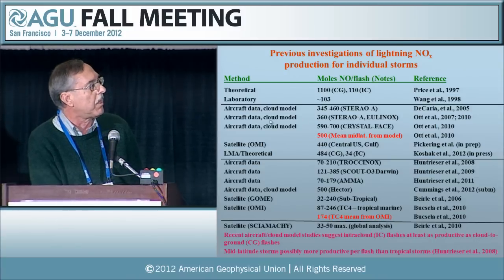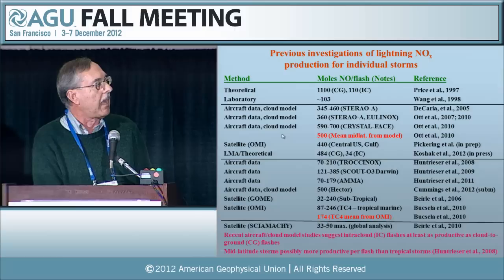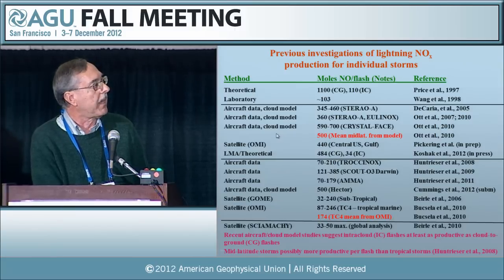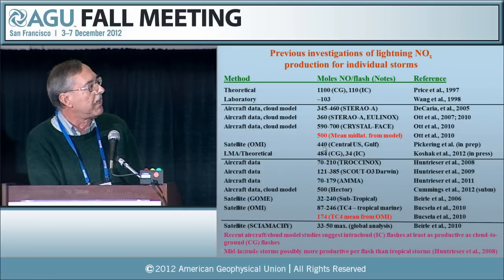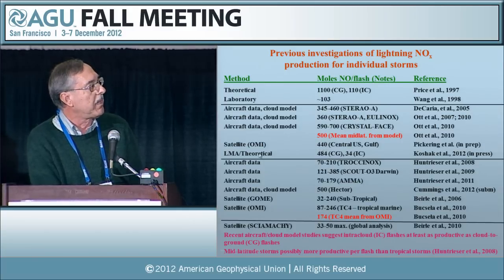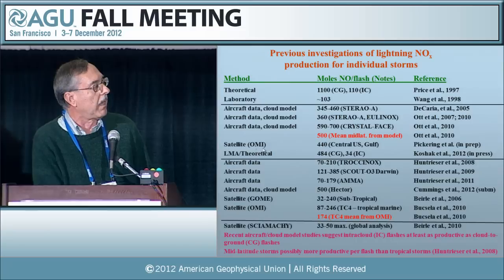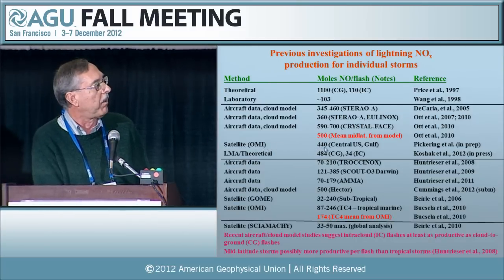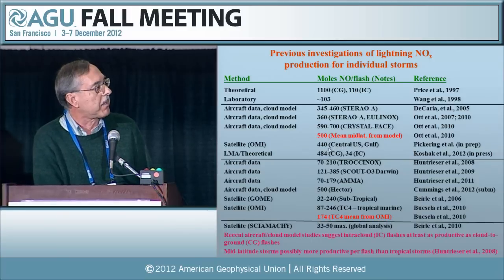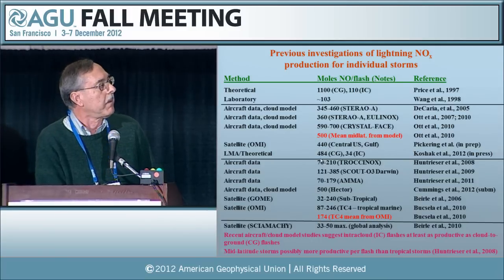This is through use of a combination of cloud models and aircraft data. And then we've also been employing satellite estimates based on NASA's OMI satellite, the Ozone Monitoring Instrument, which also measures NO2. And we've come up with about 440 moles per flash based on those data.